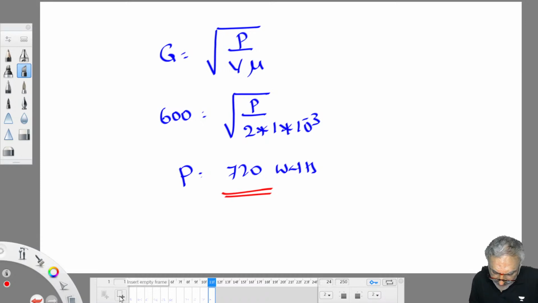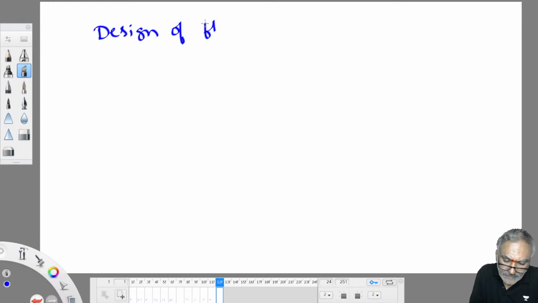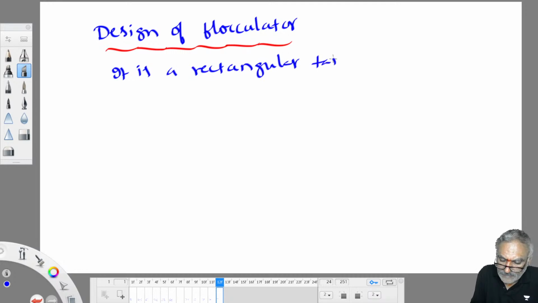Okay, let us see second part, that is flocculator. Flock, it is a rectangular tank provided with the paddle rotors.